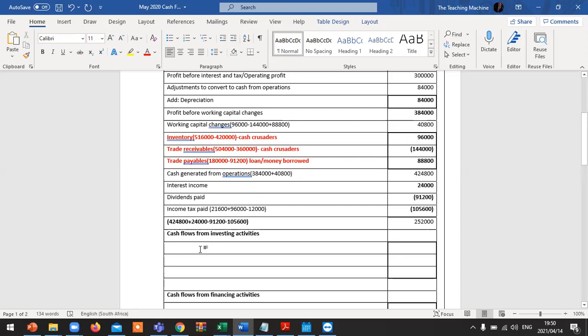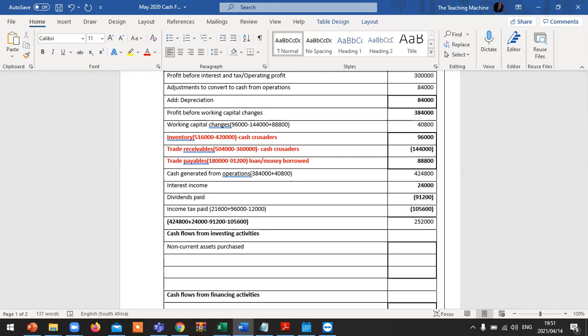Now, under cash flow from investing, the most important item under this section is the non-current assets purchased, or fixed assets purchased. This is the only serious calculation on your cash flow statement.